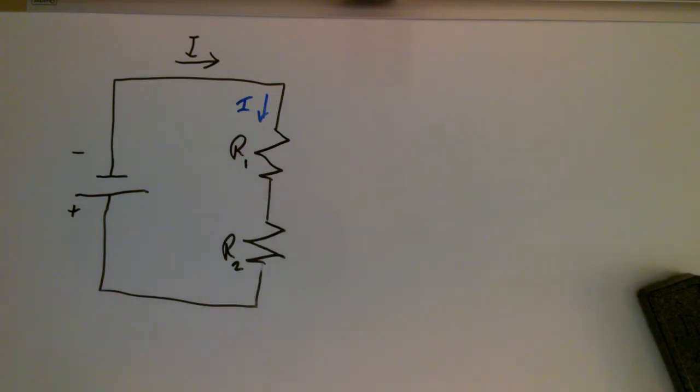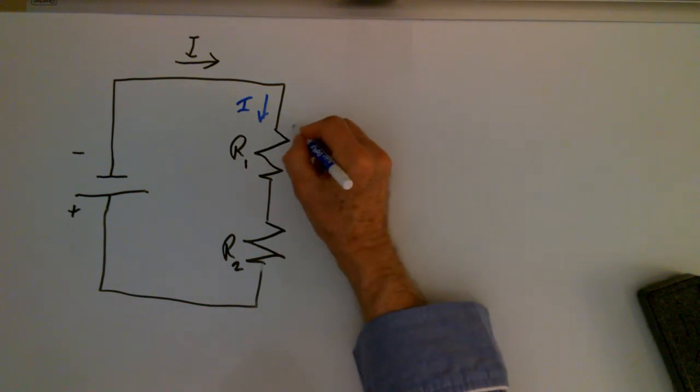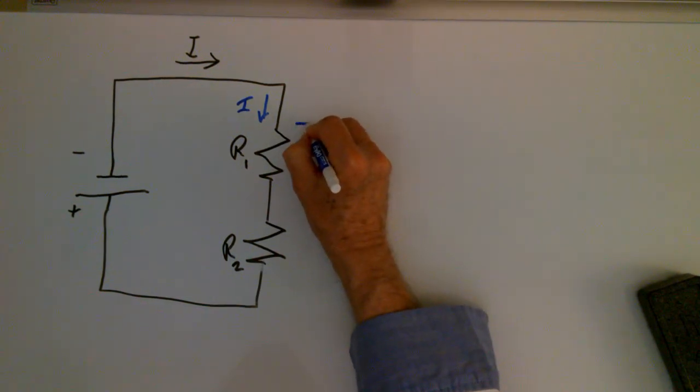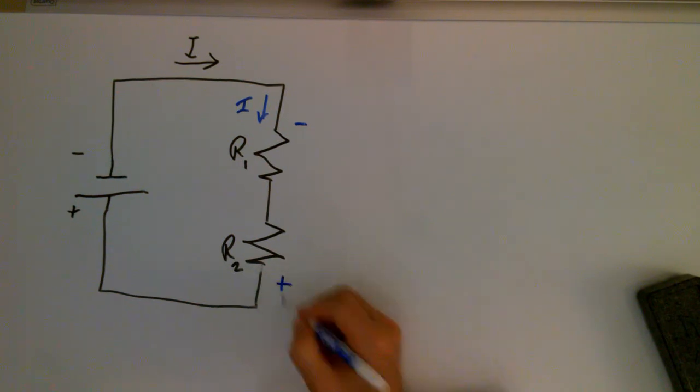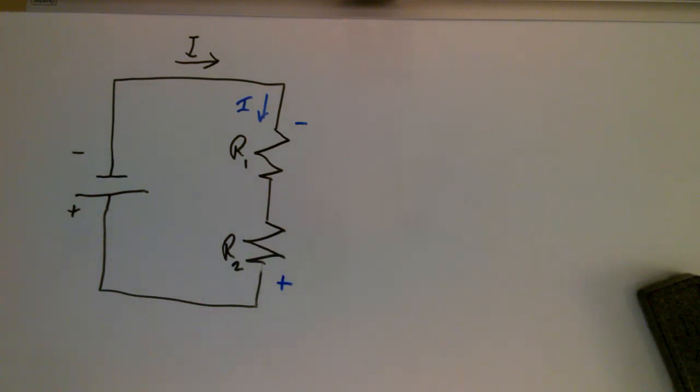So over the total resistance, we will have a negative polarity here and a positive polarity here, because the voltage drop across that collection of resistors opposes the current flow.